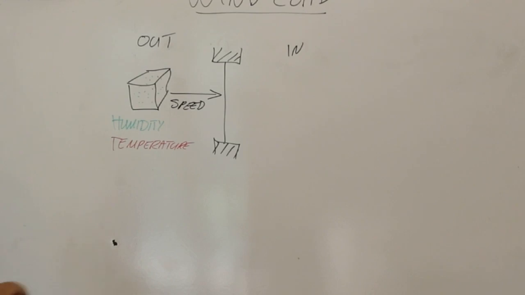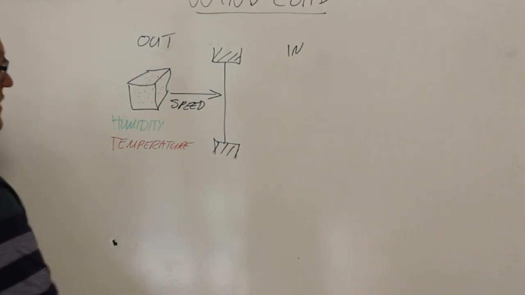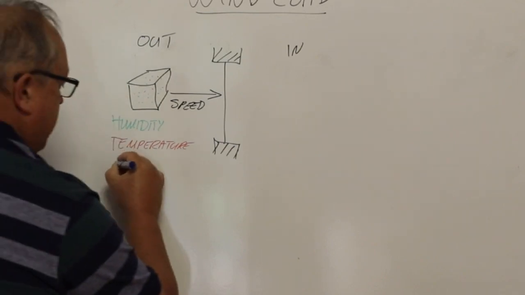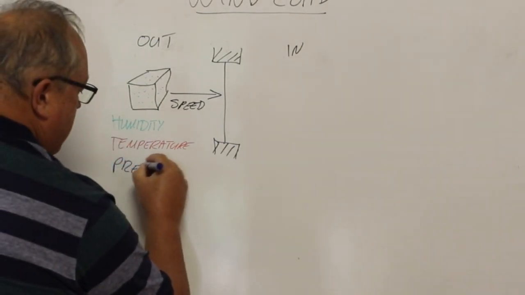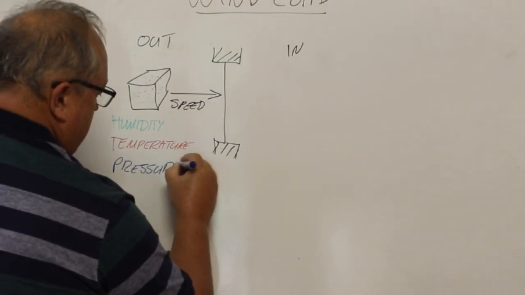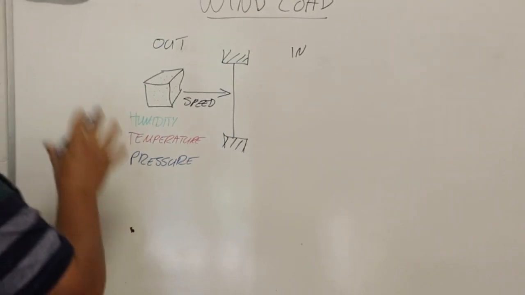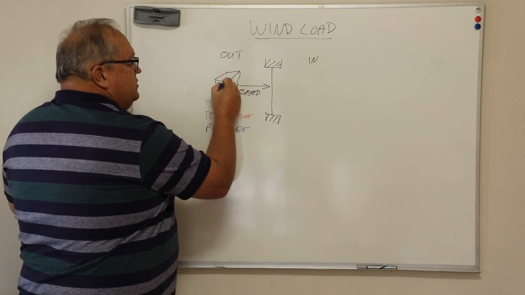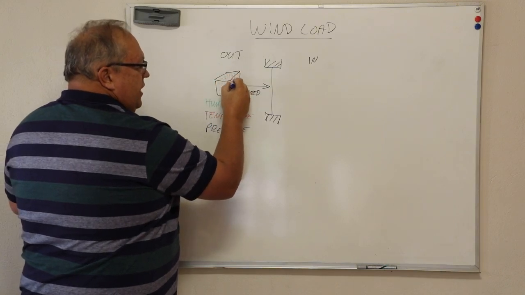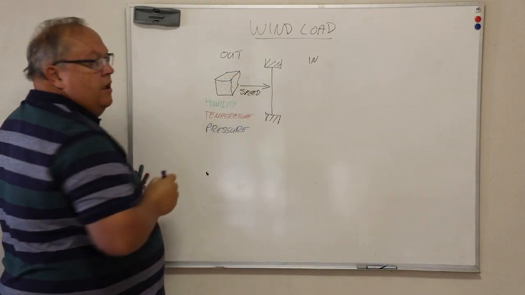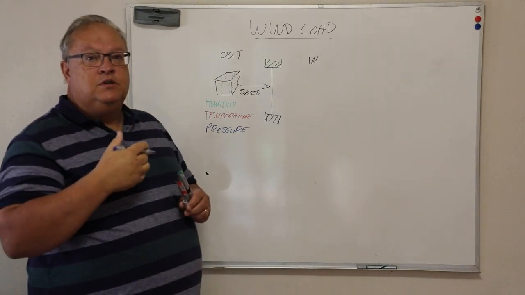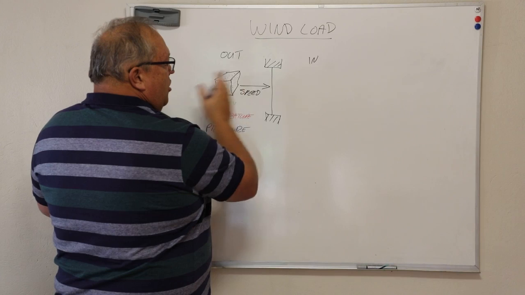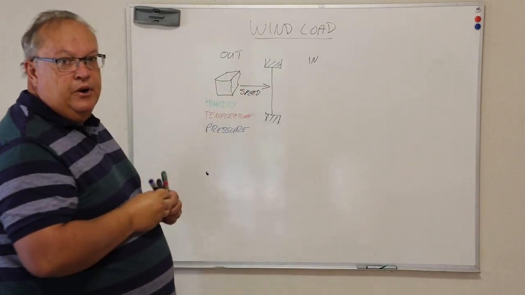And it is a function of the density or the pressure of this parcel of air. So the greater the pressure, the more air molecules there are contained in this parcel of air, and therefore the more force that this parcel of air will exert against our window when it collides with the window.